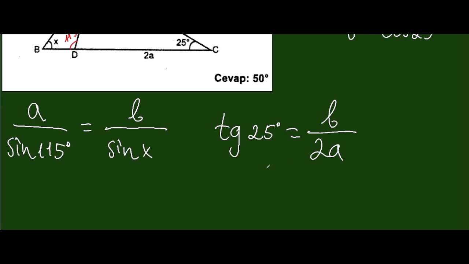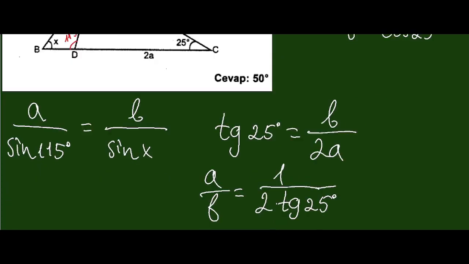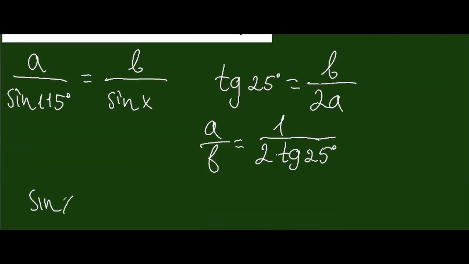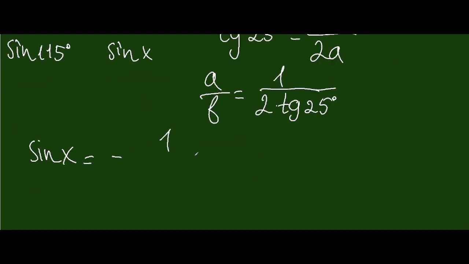So a over b will be equal to 1 over 2 tangent 25 degrees. And here we can plug into a over b this expression, and we'll get sine x. Sine x will be equal to minus 1 over 2 tangent 25 degrees.